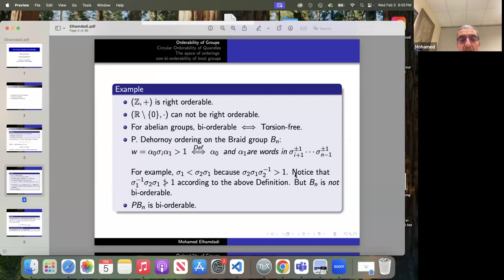For example, one can see that sigma 1 is less than sigma 2 sigma 1, because you can change that to sigma 2 sigma 1 sigma 2 inverse greater than 1, and notice that for sigma 2 the index is greater than 1. Notice that sigma 1 inverse sigma 2 sigma 1 is not greater than 1 according to this definition.